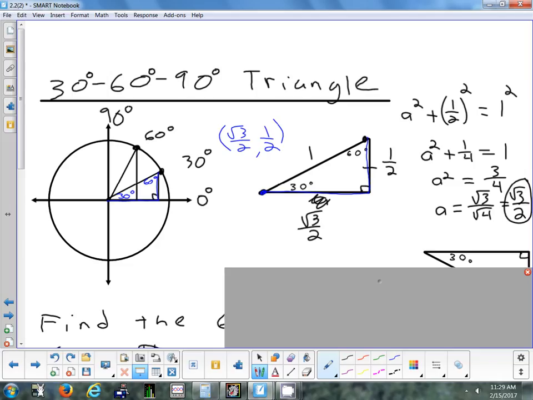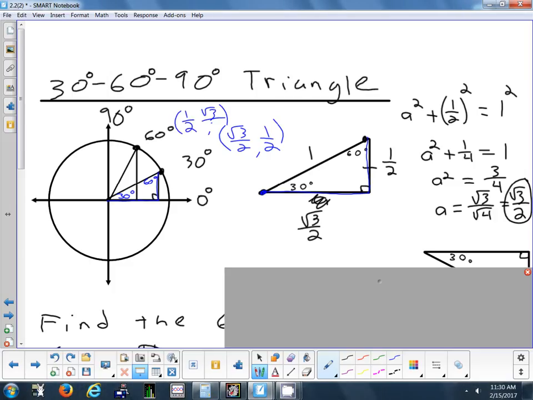But it's exactly the same triangle. So using that idea, anybody think they can give me the coordinates for 60 degrees? Knowing that this is exactly the same triangle as what's down below, it's just on a different side. Gladys? Would be 1/2 and square root of 3/2.